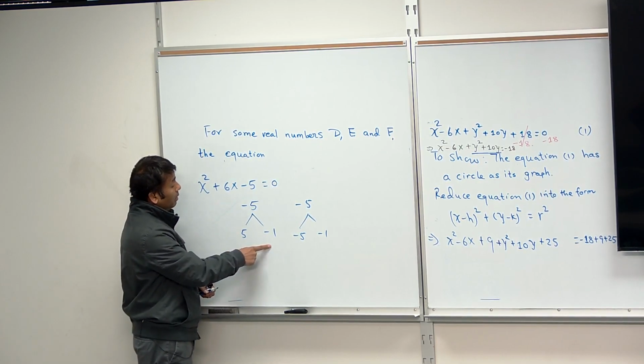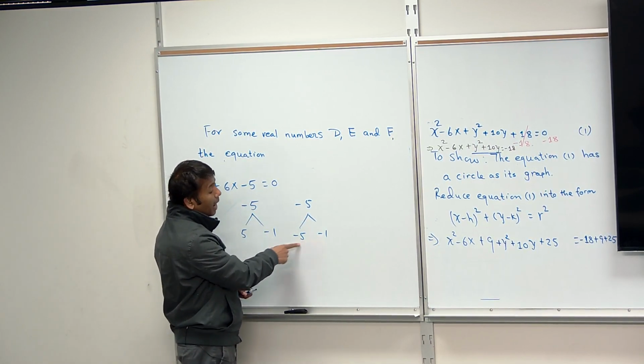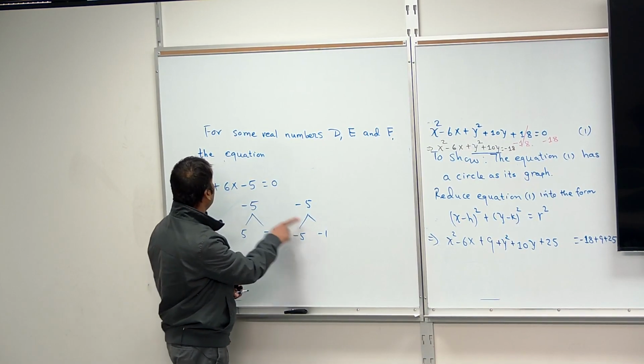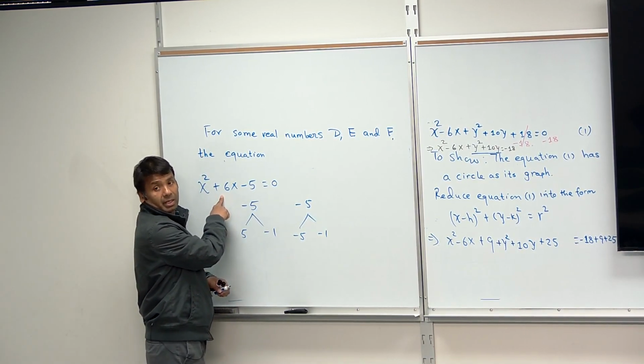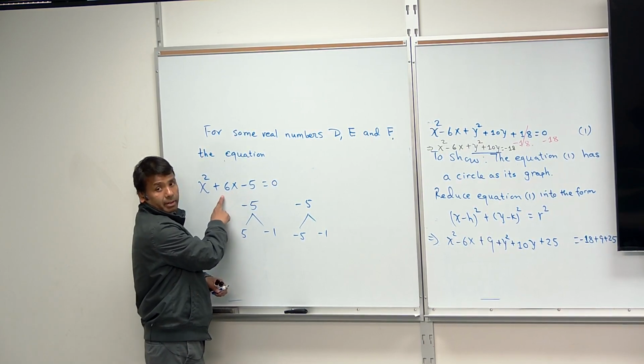If you add the first pair, that gives positive 4, but we need 6. The second gives negative 4 as well, not positive 6. You see what I'm talking about, right? So you cannot factor this.